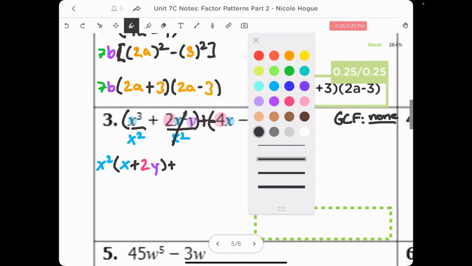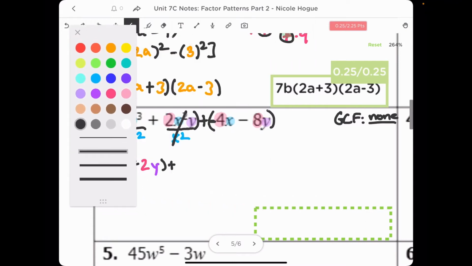Now we have plus, and we need to factor out negative 4x minus 8y. We have a negative there, so we need to factor out a negative. The greatest common factor between 4 and 8 is, I'm sorry, 4, and there is nothing in common between x and y. So our GCF here is just negative 4.